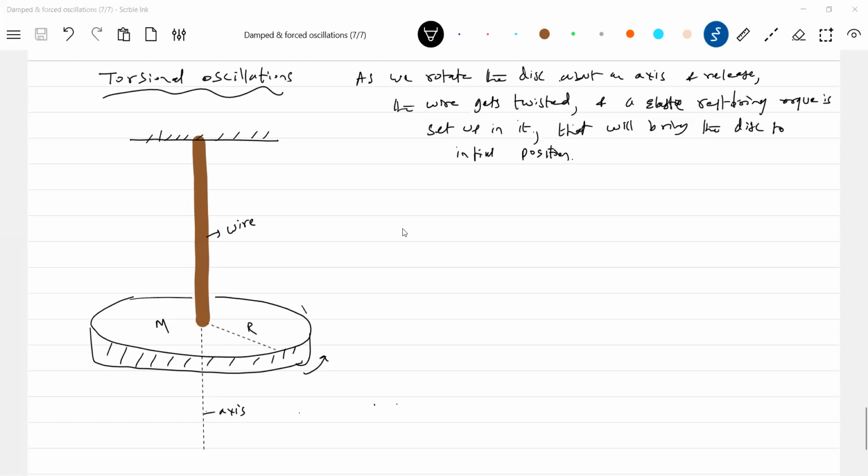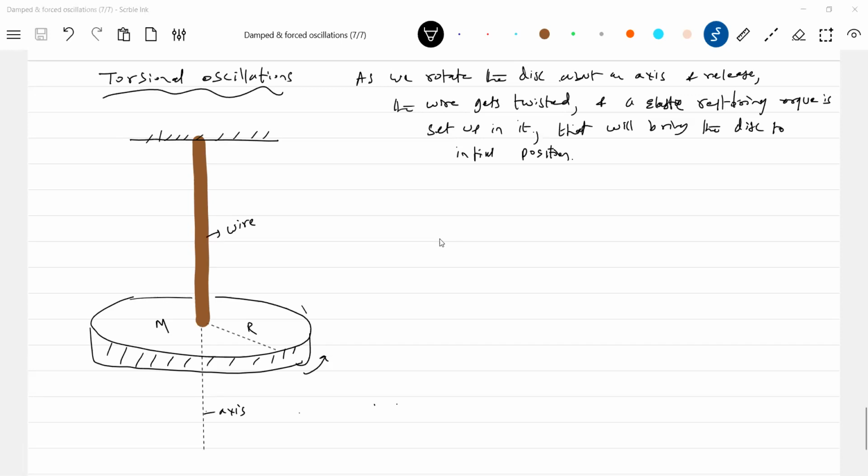Okay, fine. So now from where that torque will come? The torque is set up by the elastic restoring forces in the wire. So let's not bother how they produce the torque.